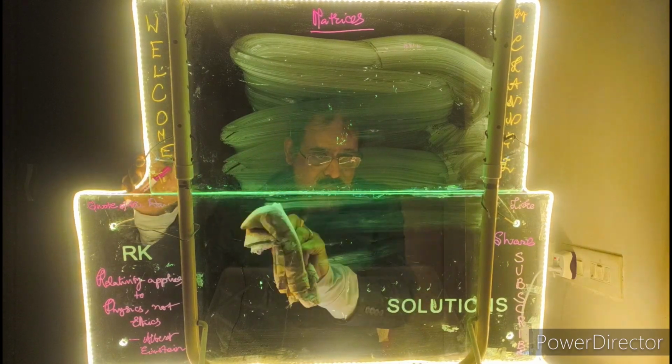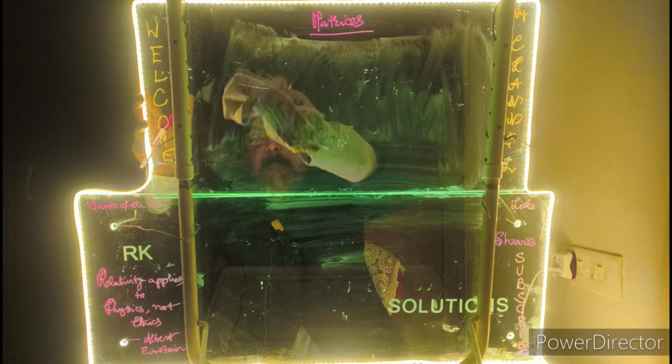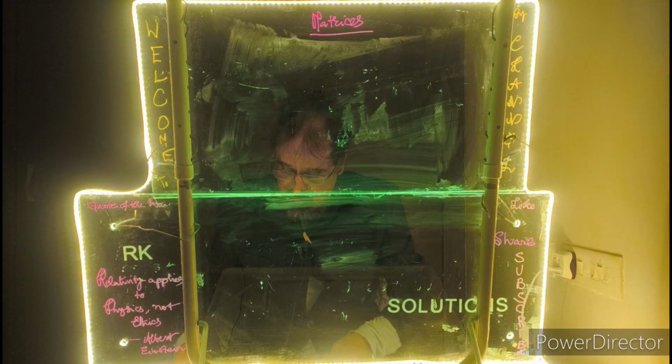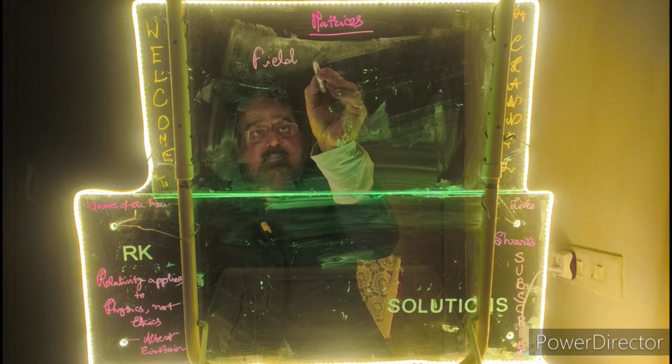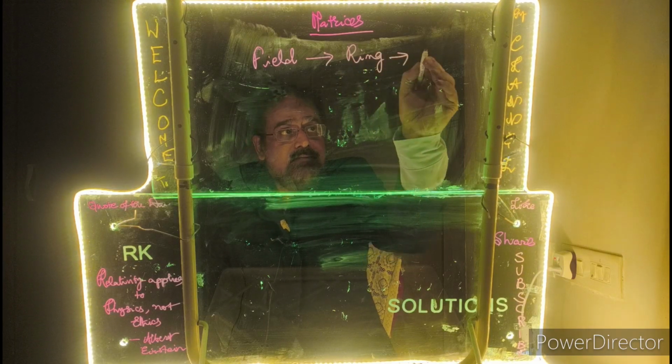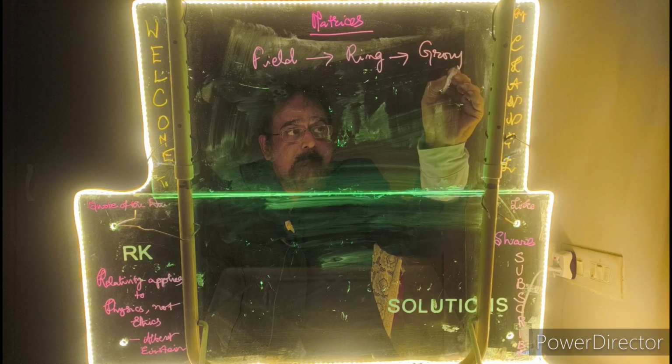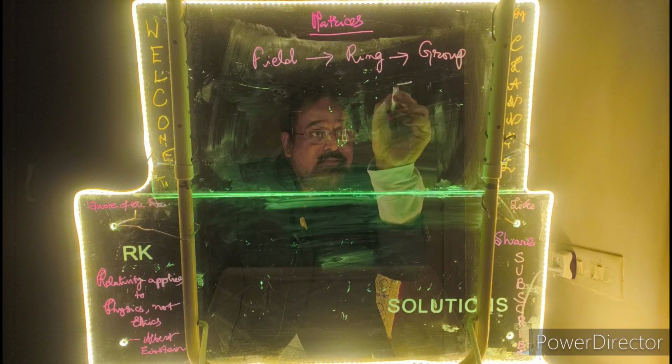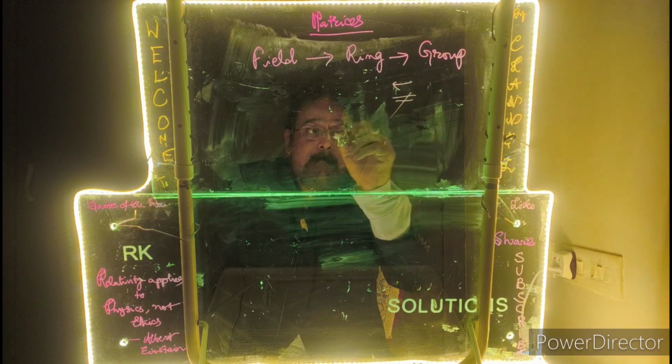So we are done with these two, and just now we talked about ring, right? So the hierarchy is like: a field is a ring is a group. But the other way may not be true.